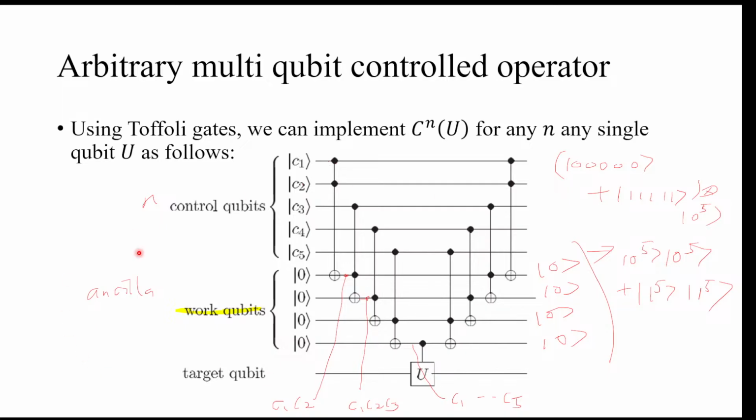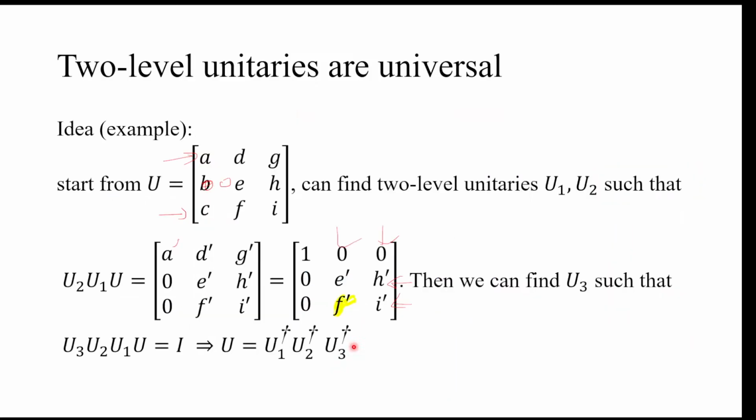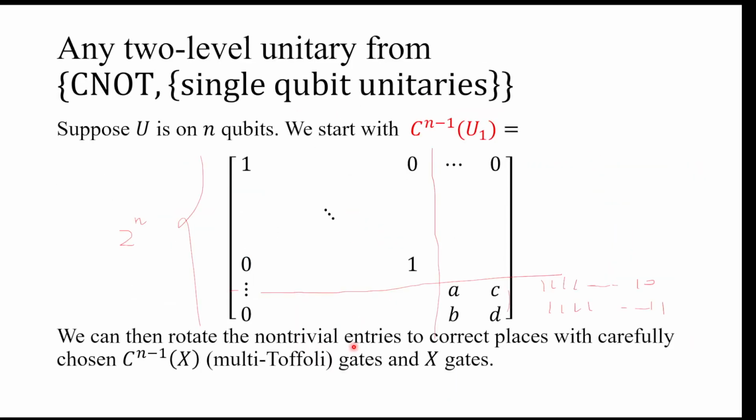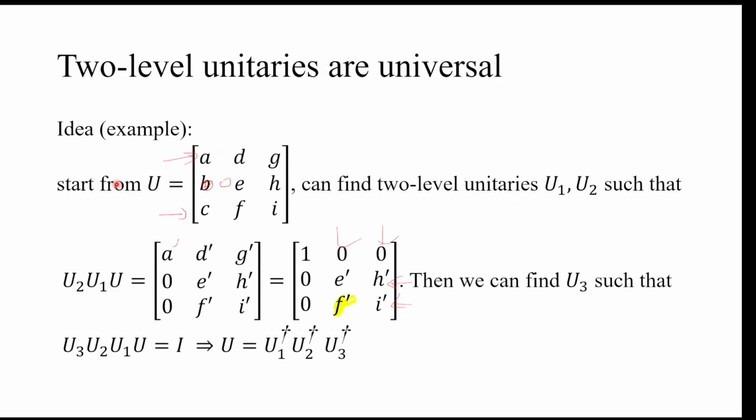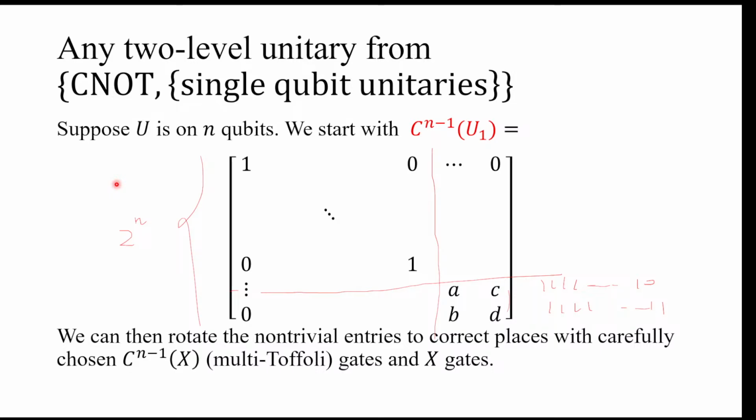So multi-qubit U and multi-qubit Toffoli. Multi-qubit U is to get a starting point, and then you have this multi-qubit Toffoli. Yeah. I guess we are going to stop very soon. And then yeah, so these are the first two parts of universality.